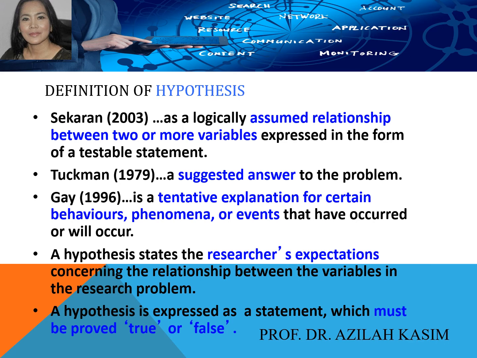Now we have to look at the issue of hypothesis. A hypothesis is actually an assumed relationship between two or more variables expressed in the form of a testable statement. This is what Sekaran 2003 said. So it is actually a statement that you develop to assume a relationship between the variables that you look at.